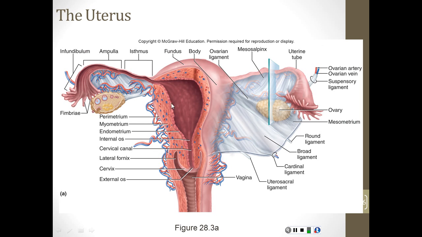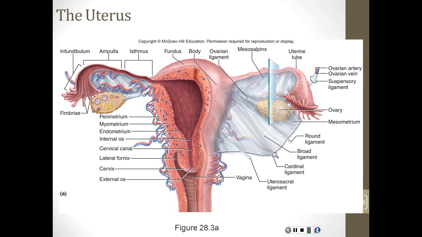Now, the endometrium, which is our inner mucosa. It is made up of simple columnar epithelium. It has a stroma with leukocytes, macrophages, and of course other cells.